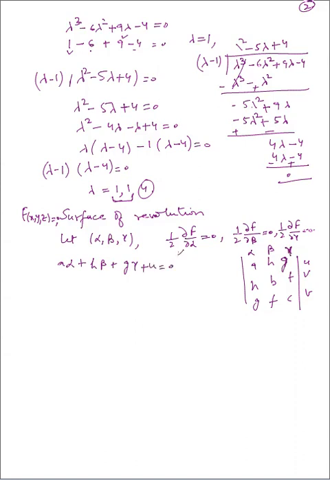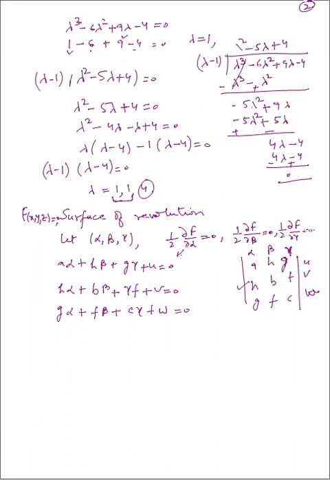This is this one. Then second is h alpha plus b beta from second row plus gamma f plus v is equal to 0. Then g alpha plus f beta plus c gamma plus w is equal to 0, UVW.